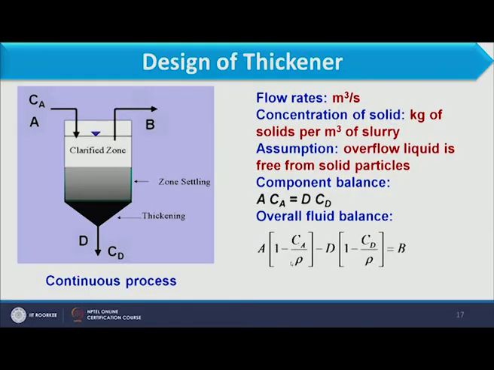So Ca by rho is nothing but the fraction of solid. So 1 minus fraction of solid should be the fraction of liquid. Therefore that fraction of liquid is multiplied with A, and similarly D is multiplied with 1 minus Cd by rho. So that is the fluid balance, where rho is the density of the solid.